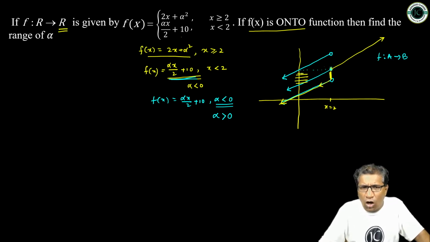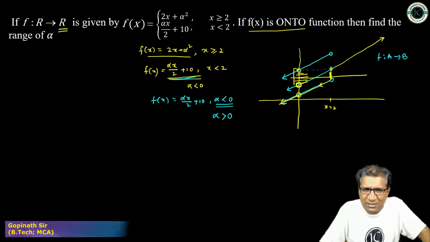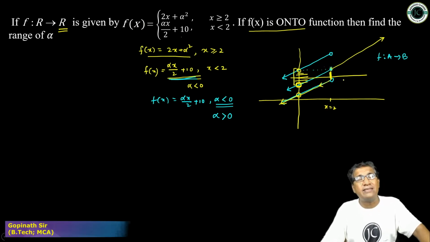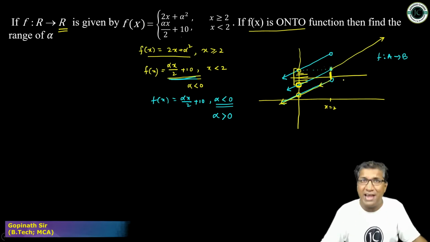So there are a lot of y's between this point and this point where there will be no x available. Is it clear or not? Because if I draw any line parallel to the x-axis, for that y lying between these two points, you are not going to get any x because this line is not intersecting the curve at any point.